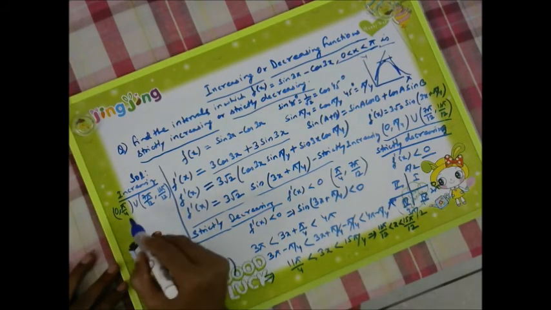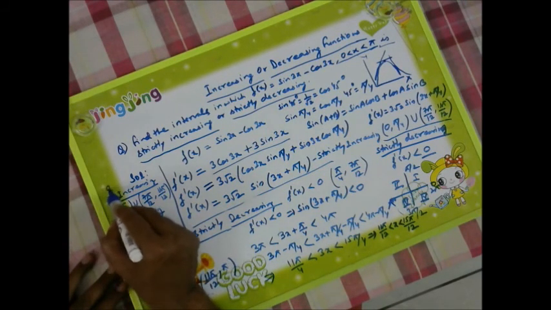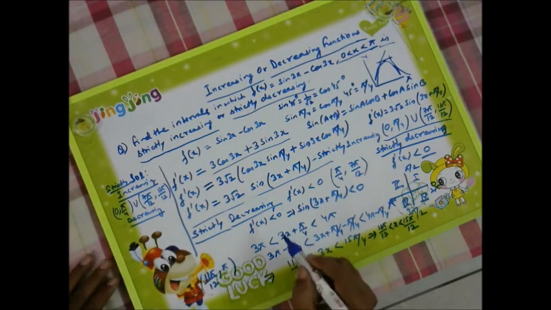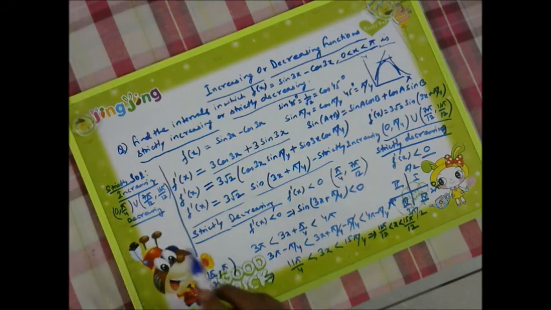Okay, now strictly decreasing. There is a word called strictly. In the next video also I will tell you what is a decreasing function, what is an increasing function, and what is strictly increasing and strictly decreasing. Okay, so that part. Here it is strictly decreasing.